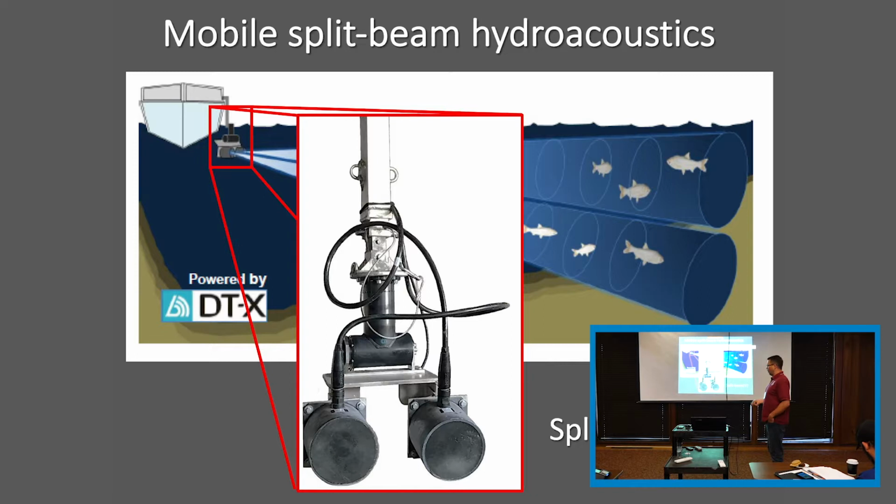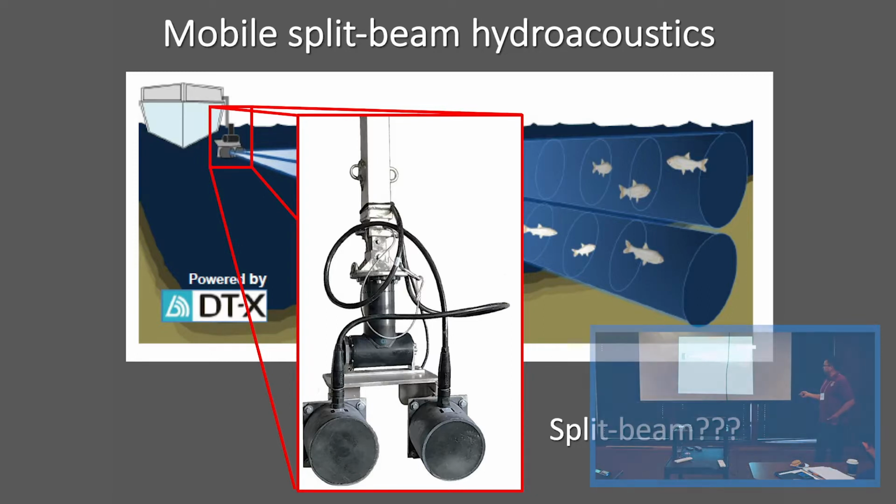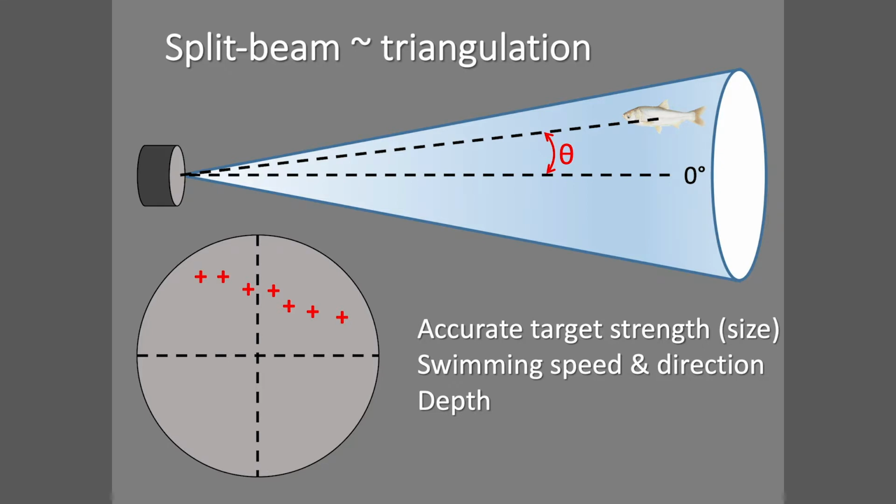So what is split beam if it's not splitting the beams? Real simple, split beam is probably better described by the word triangulation. If anybody's done telemetry where you are detecting fish at different locations, you know that you can triangulate that fish's position.